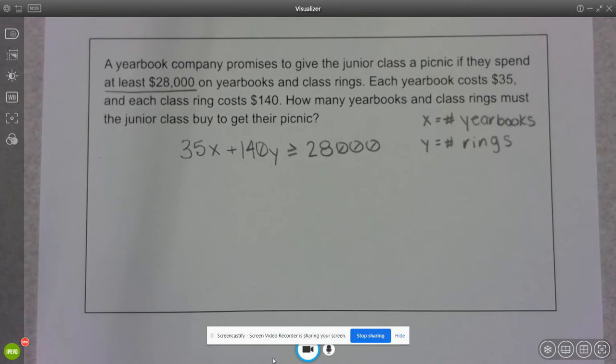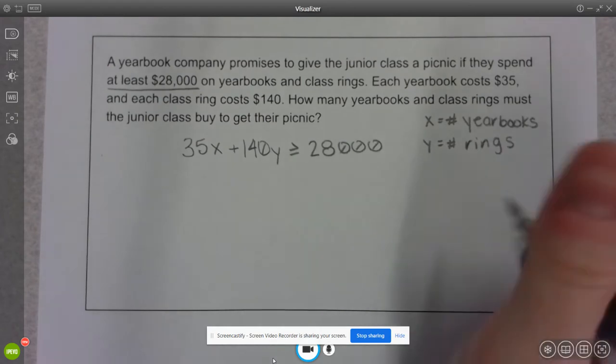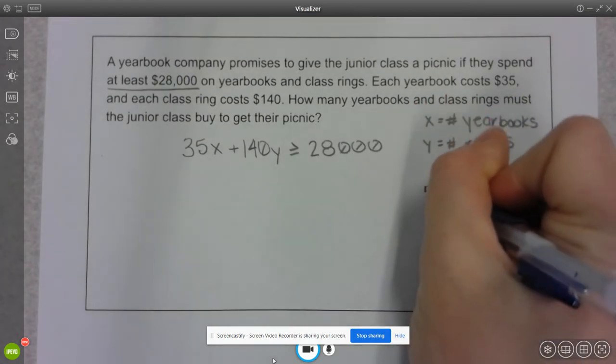Well, $28,000 is a lot of money, right? So let's say that we're going to do, and I'm doing this as an estimation, 50 rings.